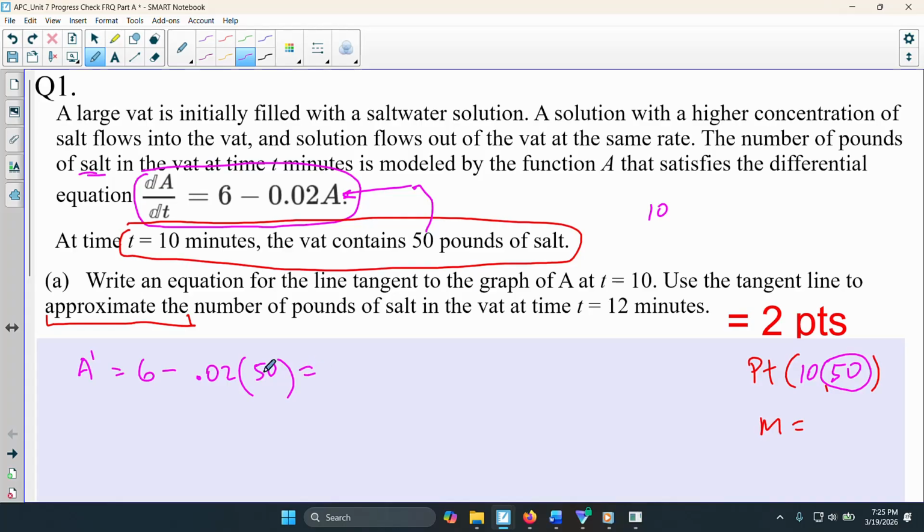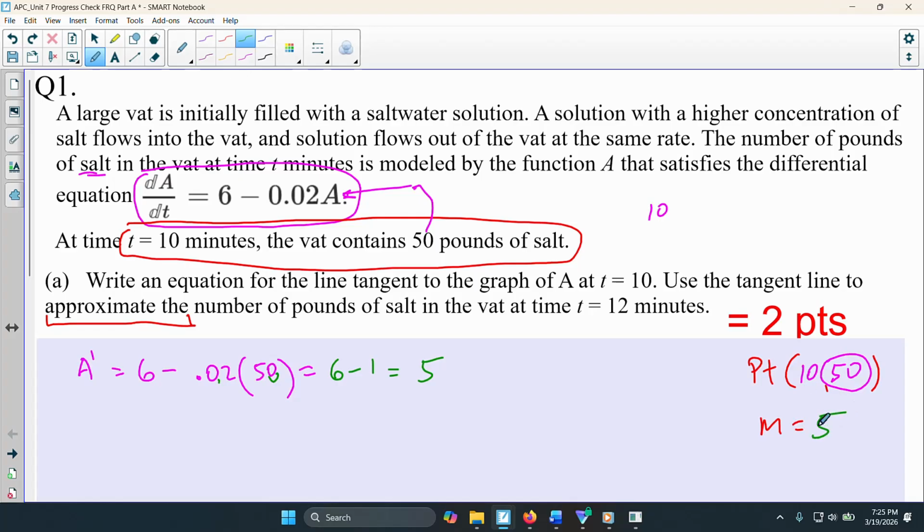And this is, move the decimal point twice, so 0.02 times 50 is 1. So you move the decimal point, and so 0.2 times 5 is 1. So this is 6 minus 1 equals 5. That's what I meant, 5.